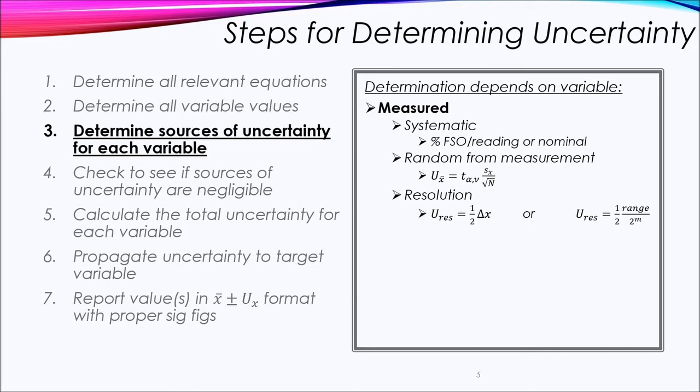Now, if you're dealing with some digital interface, then you would use this equation over to the right here, which is just taking the maximum range of values being measured by your digital system and dividing it by the total number of combinations from the number of bits provided by your device. So 2 to the power of the number of bits, 2 because they typically operate on a binary system of 0 and 1s.